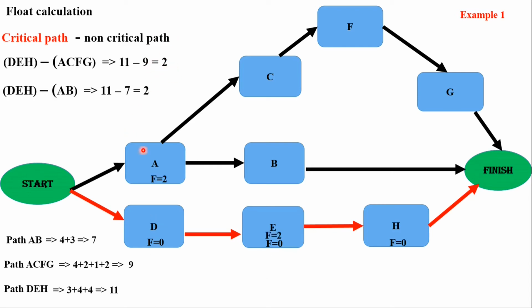For another path AB, subtracting DEH minus AB, you have 11 minus 7, which is 4. So activities A, B, C, F, G can be delayed for a duration of 2, and still the project can meet its deadline. So the float will be 2 for these activities.